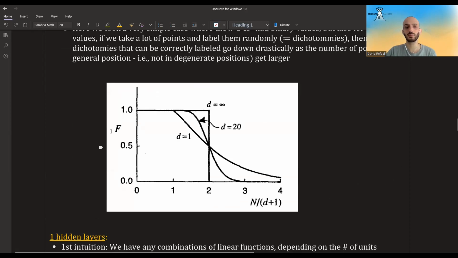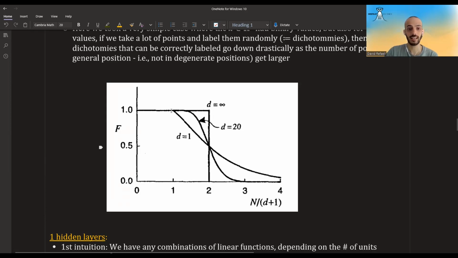And here's a graph from the book that shows it. I'm looking at the ratio of the number of points and the dimension of the input space plus 1. In our case, the input space was 2, so plus 1 is 3. If we have 3 divided by 3, we are at 1, and the ratio of correct classification is 1.